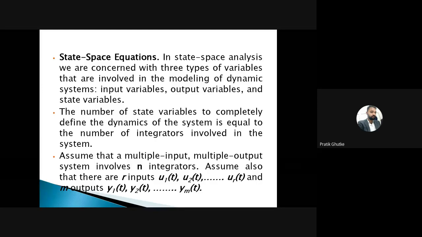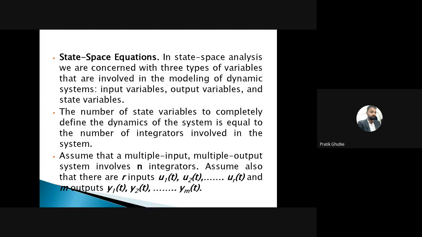Now assume that there are r inputs, u1 of t, u2 of t up to ur of t, and m outputs, that is y1 of t, y2 of t up to ym of t.